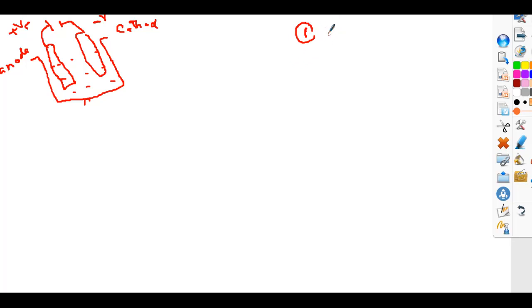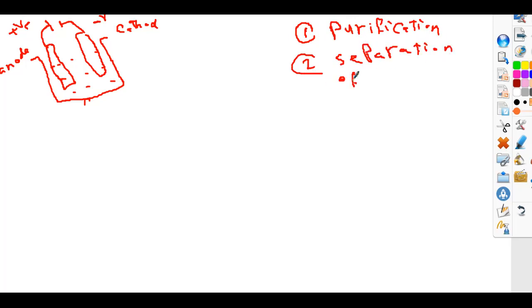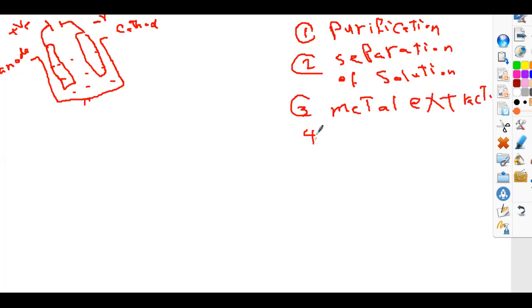So the uses or purposes for which we use electrolytic cells may be purification of metal, separation of solutions, where I may separate a solution's positive and negative particles, or extracting metals like aluminum from their ores, and maybe also metal plating, as we will see later.